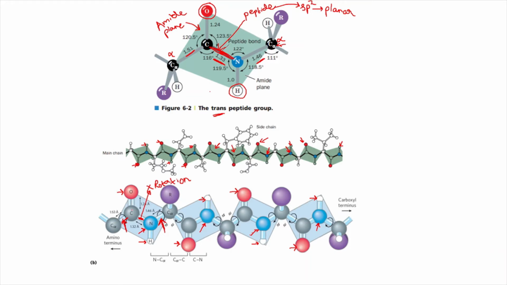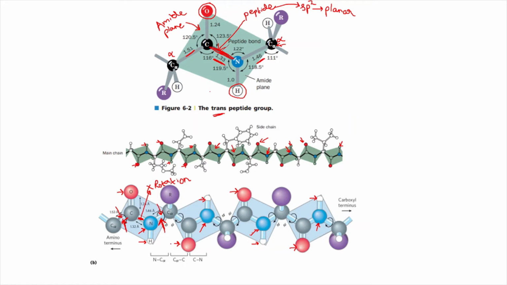So no rotation is possible in the peptide bond, that is, between the bond present between carbon and nitrogen. Only rotation is possible around the bonds between C alpha and C, and N and C alpha. So these two bonds are only rotatable.